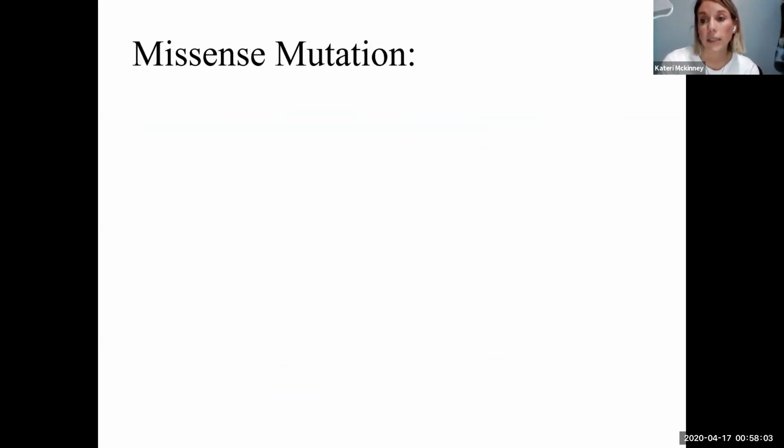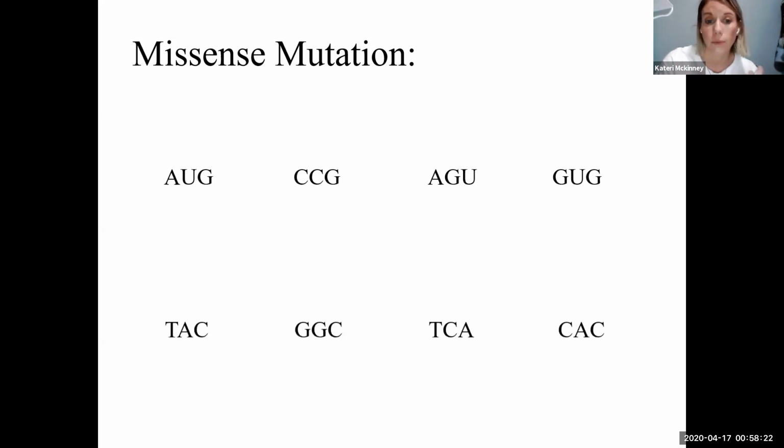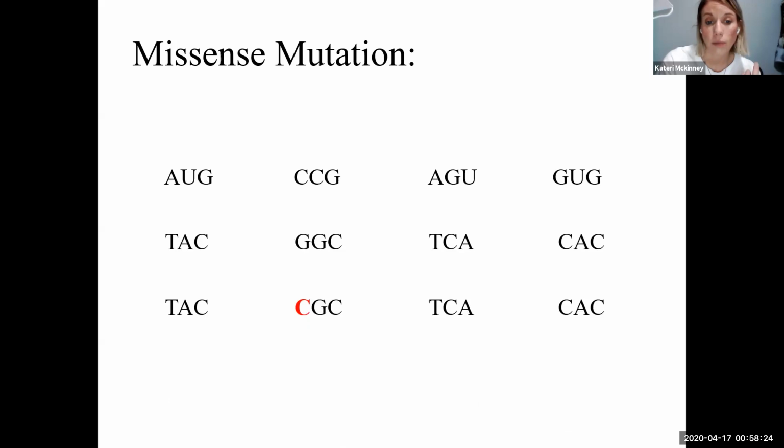Let's say you have a missense mutation, like the one that we saw in lab, where that polypeptide chain swapped out the amino acid. So in a missense mutation, whatever substitution mutation occurs, it actually swaps one amino acid for another. So here we swapped out the C right there.